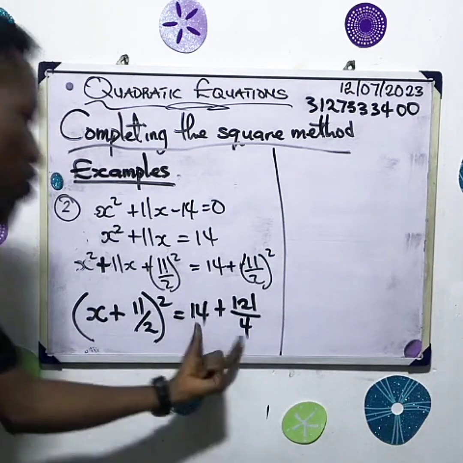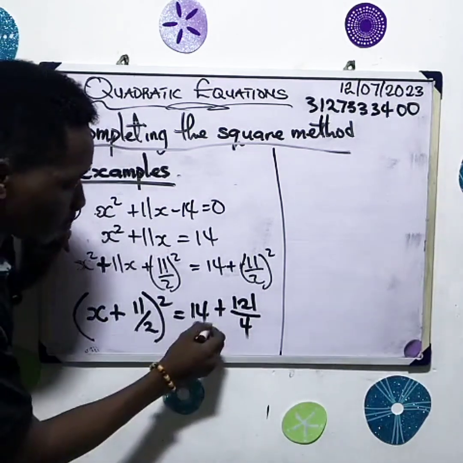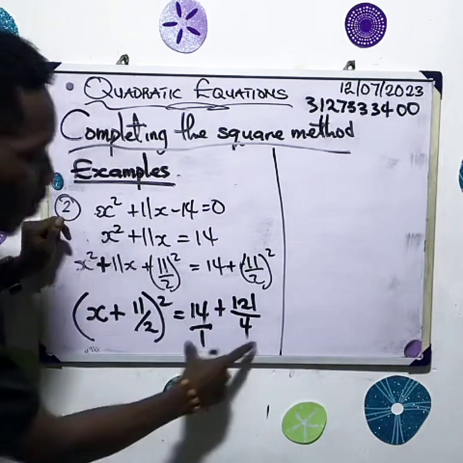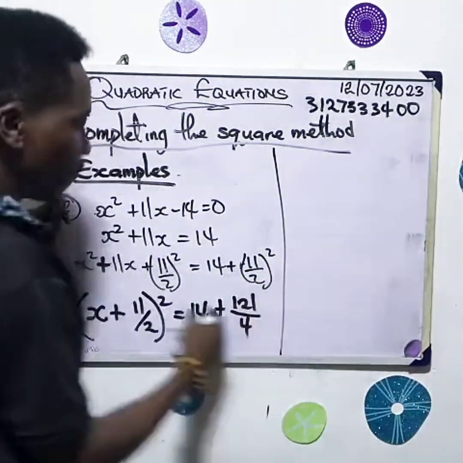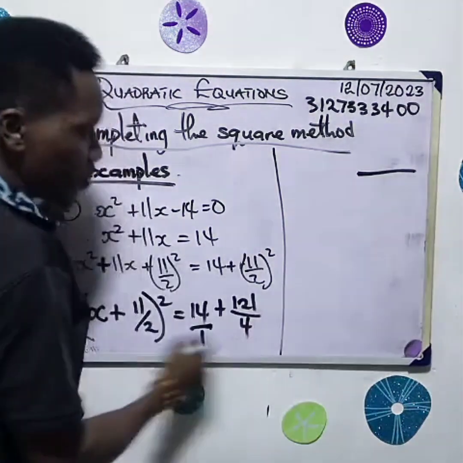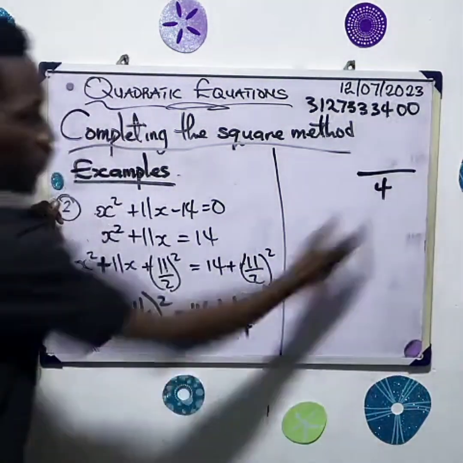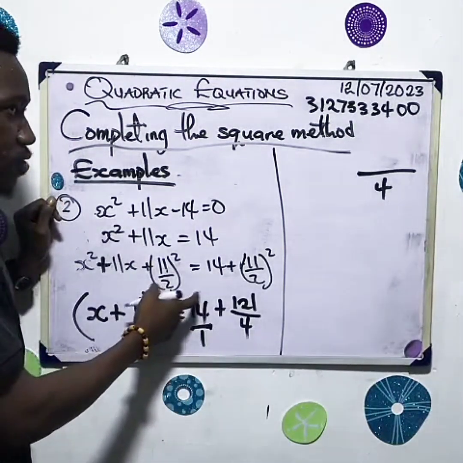Now, let's solve what we have here. Note that 14 is the same thing as 14 over 1. So now, let's do this addition of fractions. What is 14 over 1 plus 121 over 4? LCM is 4. 4 divided by 1 is 4, 4 times 14 is 56.